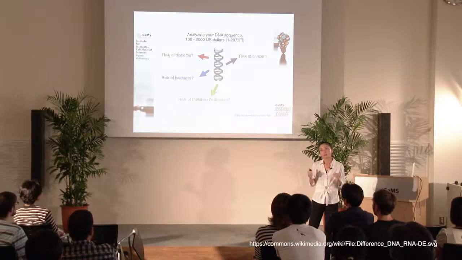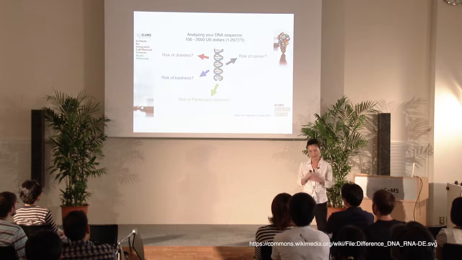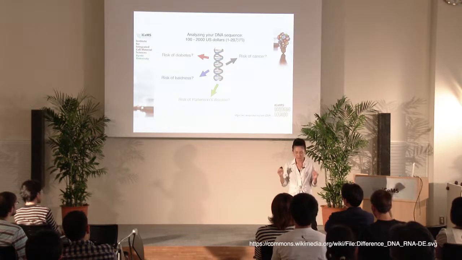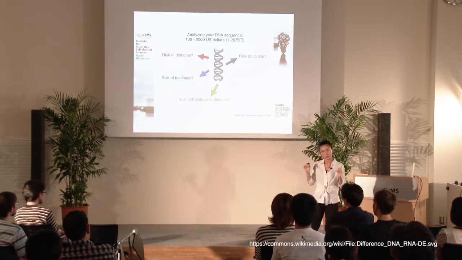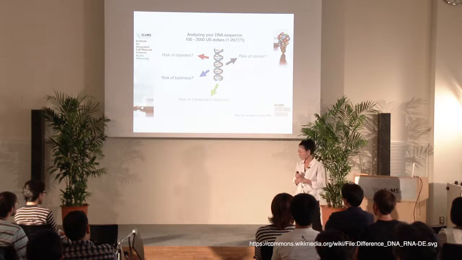So as of today, you can analyze your DNA sequence starting from $100, so it's not too expensive anymore, and the cost is only going down and down now. And already with this technology, you can predict, for example, the risk of diabetes or Parkinson's disease or certain types of cancers.